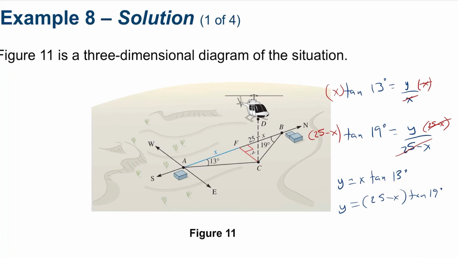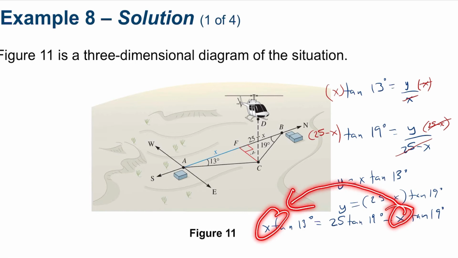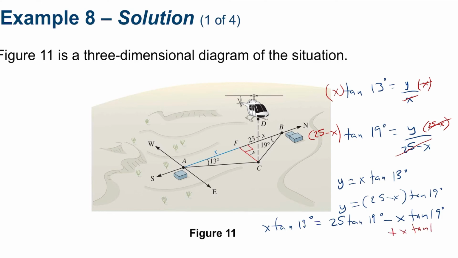So we should get x tangent of 13 degrees is equal to 25 tangent of 19 degrees minus x tangent of 19 degrees. And since you have two x's here, we want to get both x's on the same side so we can factor out the x. So add x tangent of 19 to both sides.